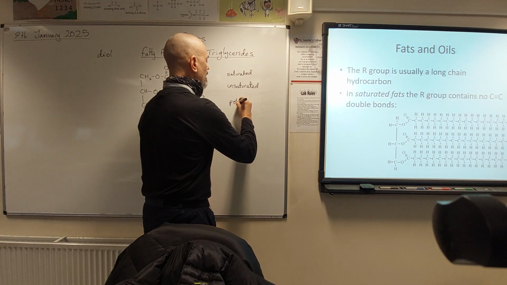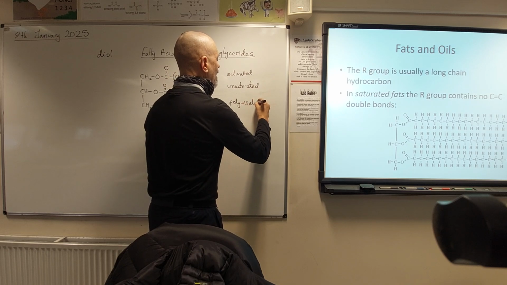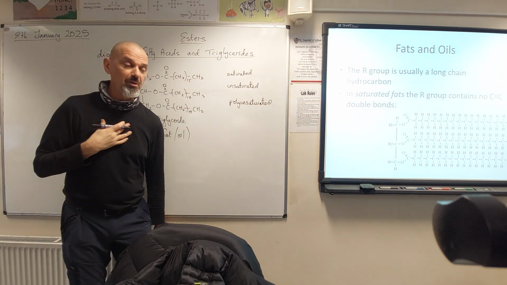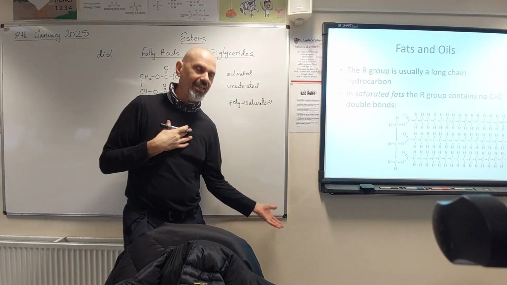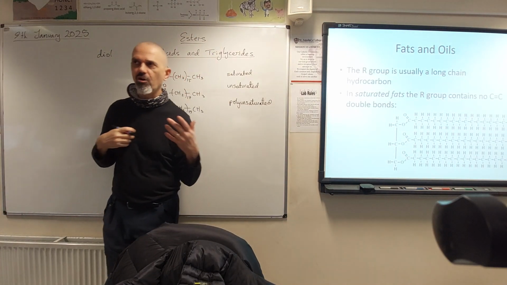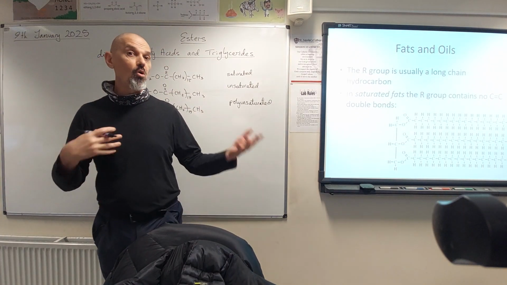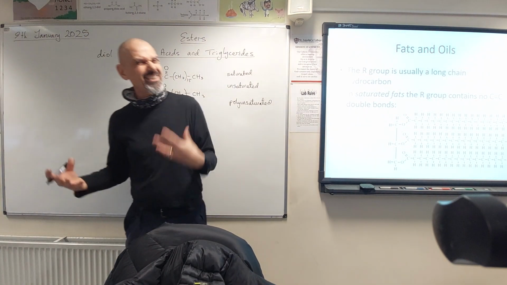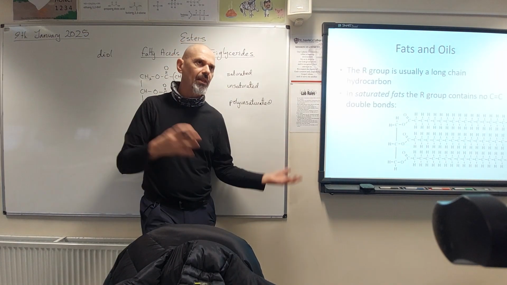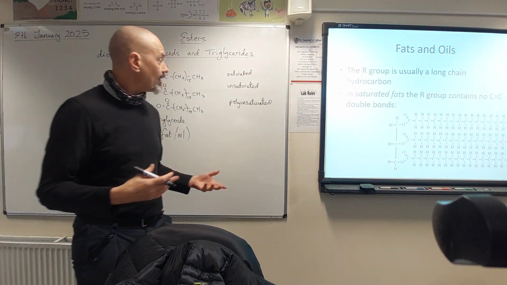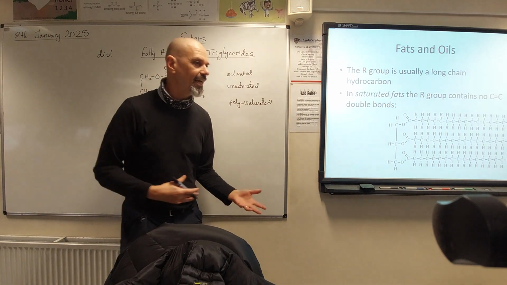Polyunsaturated means contains lots of carbon-carbon double bonds. And we tend to think of the unsaturated fats, which come from vegetable oils like olive oil, sunflower oil, and so on, as the more healthy oils, whereas the saturated fats that come from animals, so butter, cheese, meat, they're the less healthful ones.